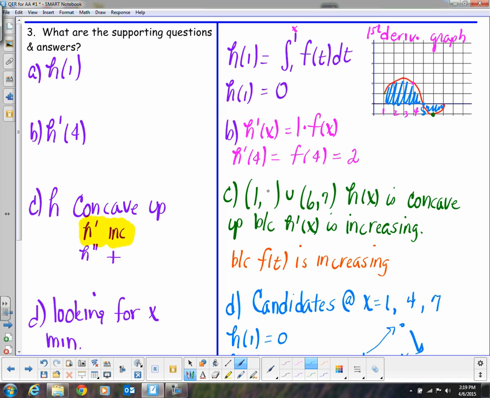Just kidding. So anyway, all the way over to 5, our function is increasing, and from 5 to 7, the function's decreasing. But because this area is greater than this area, we have not decreased past the lowest point. We start at 0, we increase, and then we come back down a little, but we have not decreased enough to go beyond our starting point of 1, because the increase area is greater than the decrease area.